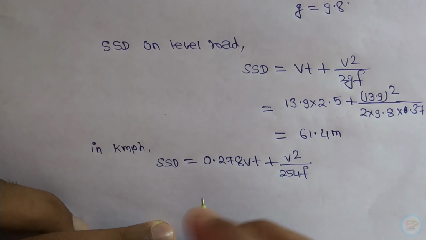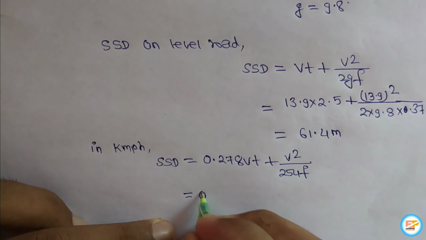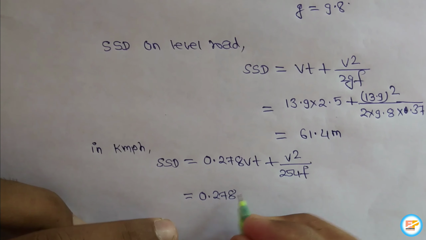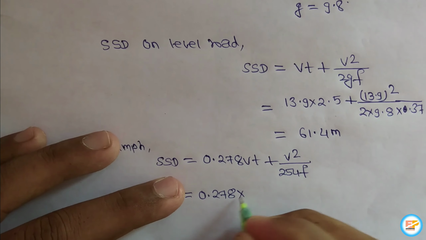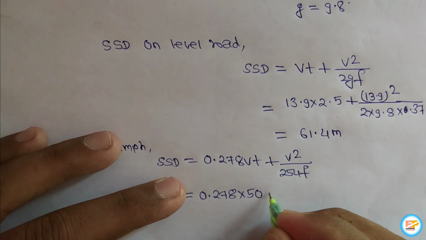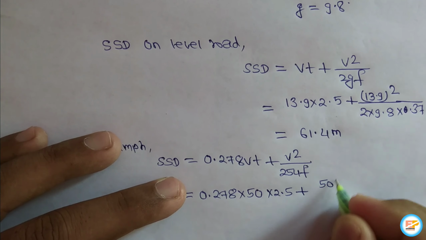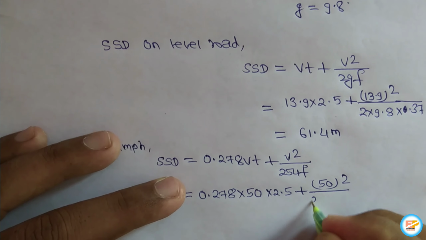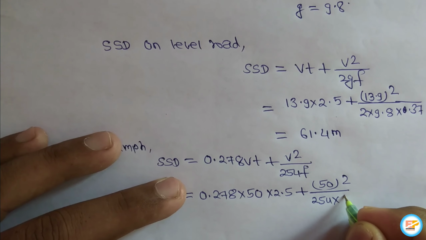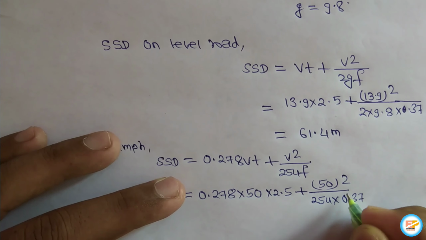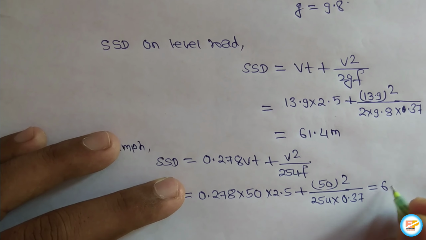Putting all the values: 0.278 into V, 50 given in kilometer per hour, and T is 2.5, plus 50 square divided by 254 into F, 0.37. You will get 61.4 meter.